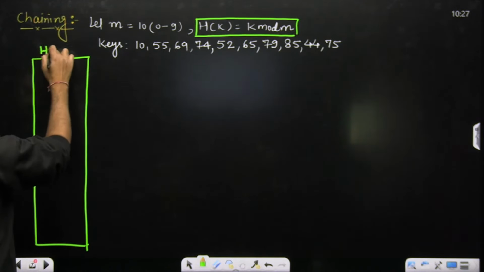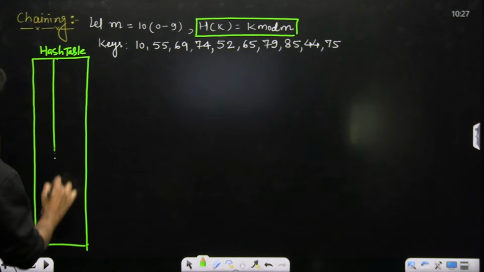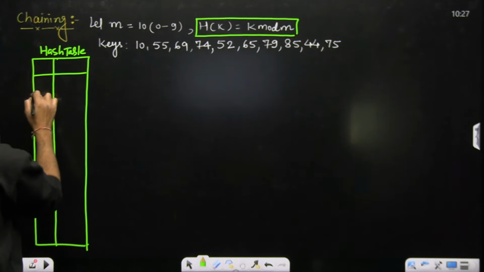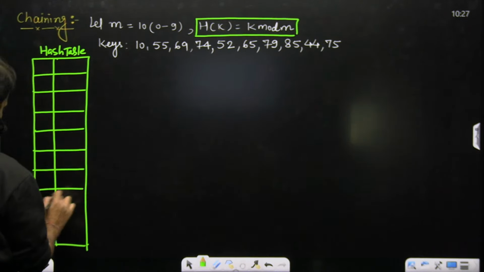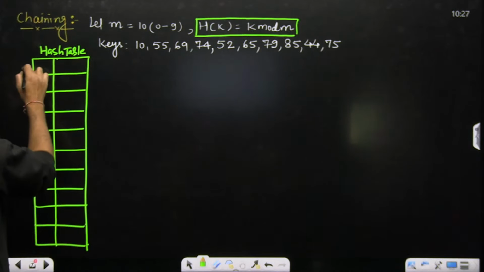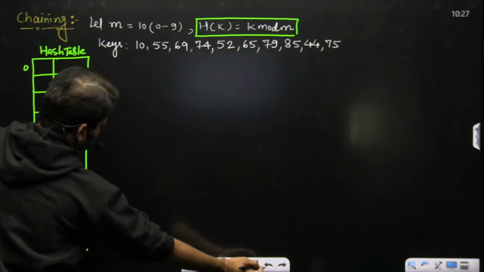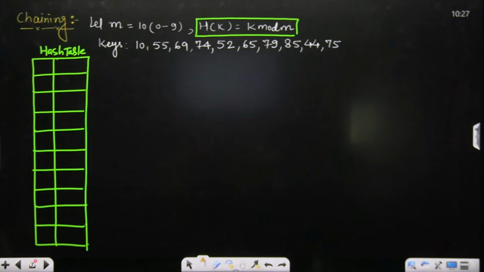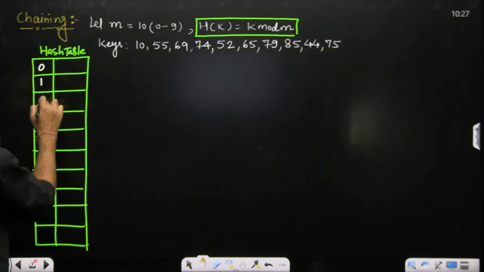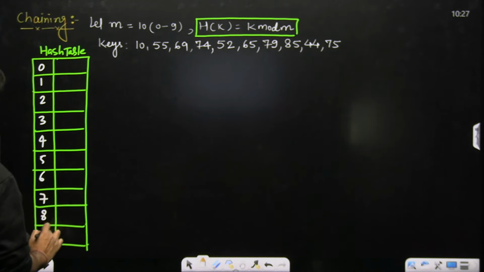This is the hash table, with indices 0 to 9, the size of the hash table.